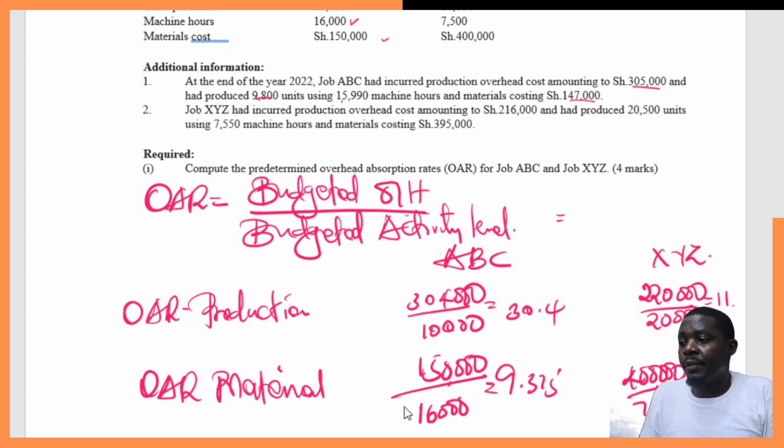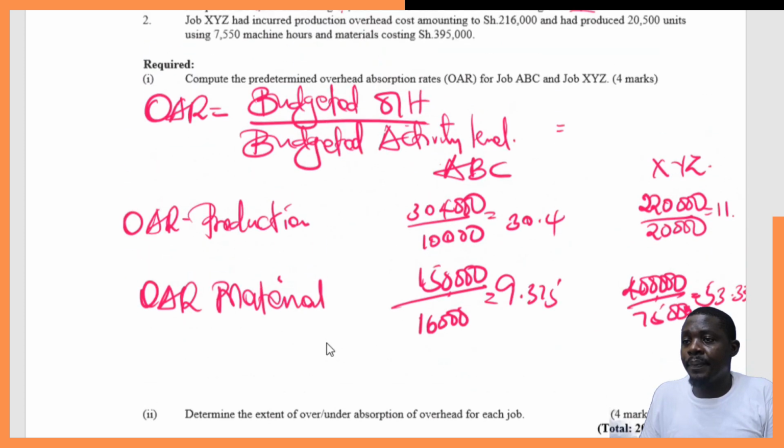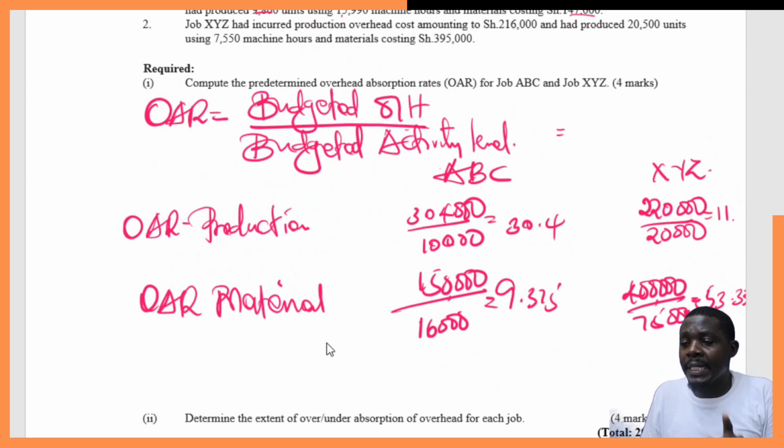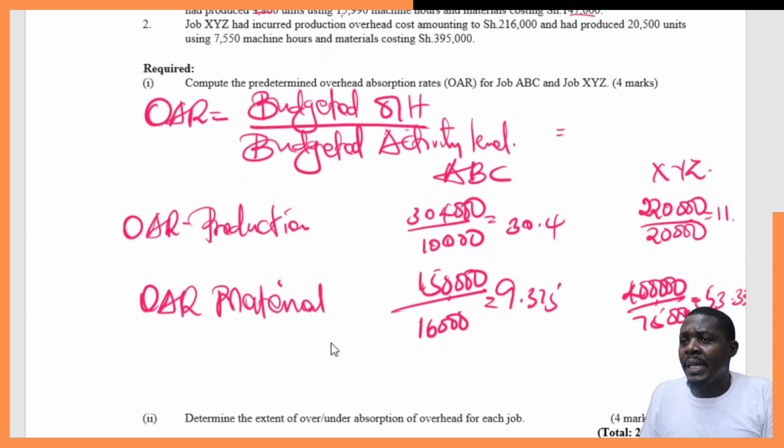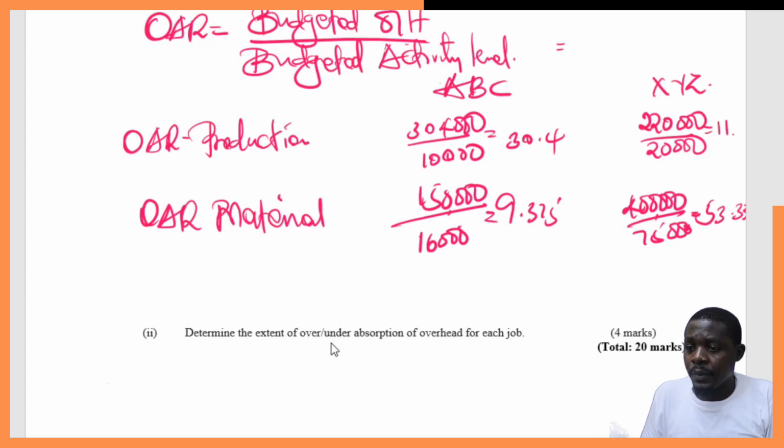Then we are told to determine the extent of over or under absorption. Therefore, we have to determine, at the end of the year, did we have over or under absorption? Now we can do the same overhead absorption rate for production. We are calling job ABC, then XYZ.